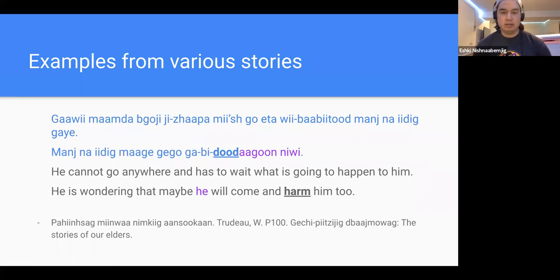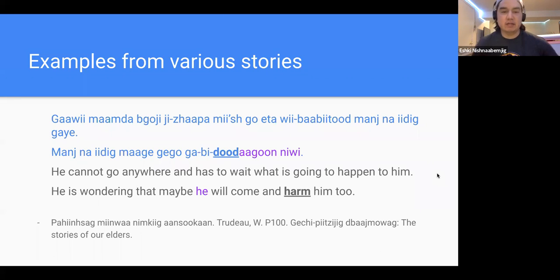Yeah, so he's the main character. He manjna idik magege. So he's wondering if, and it doesn't say harm, it just says do something. Like the dude part is the root to do something to someone.